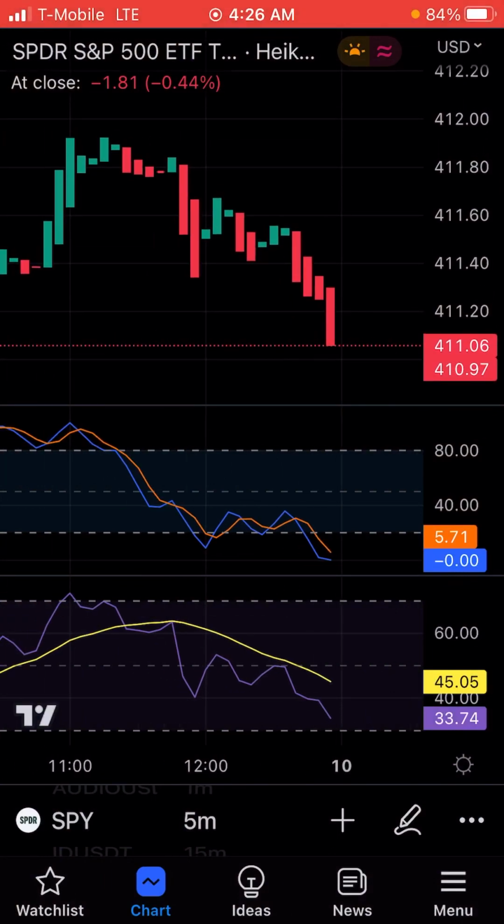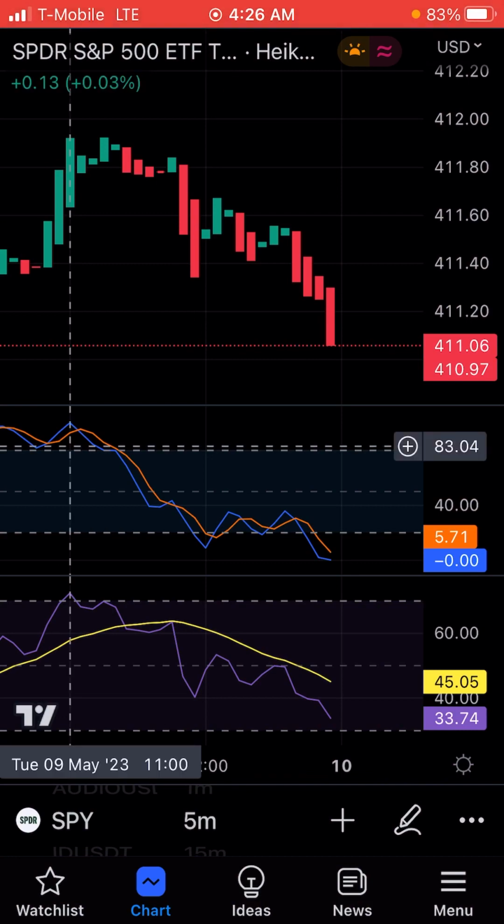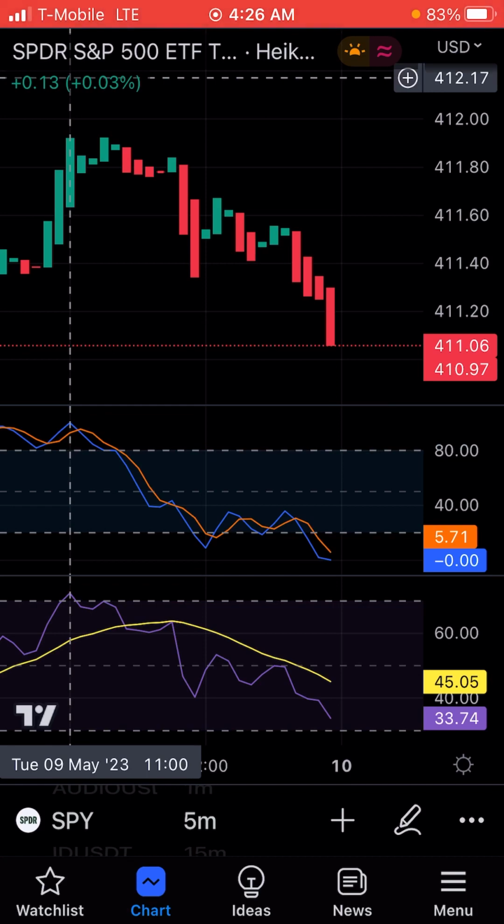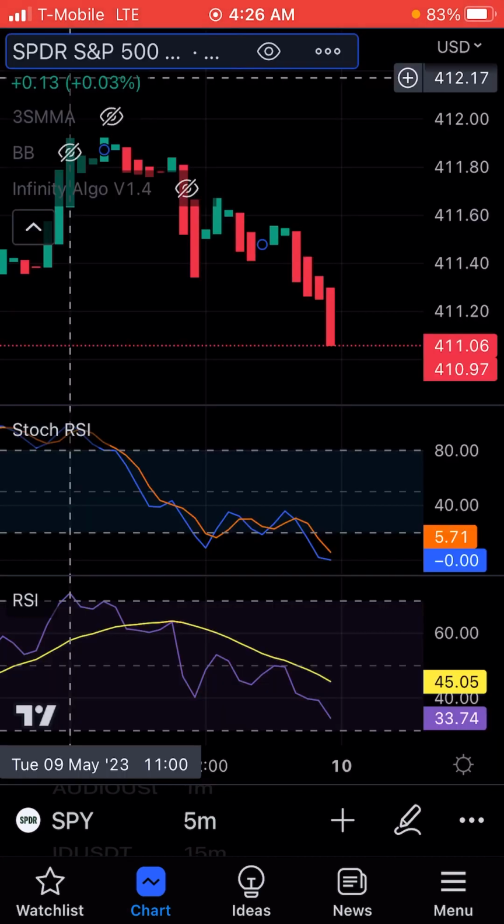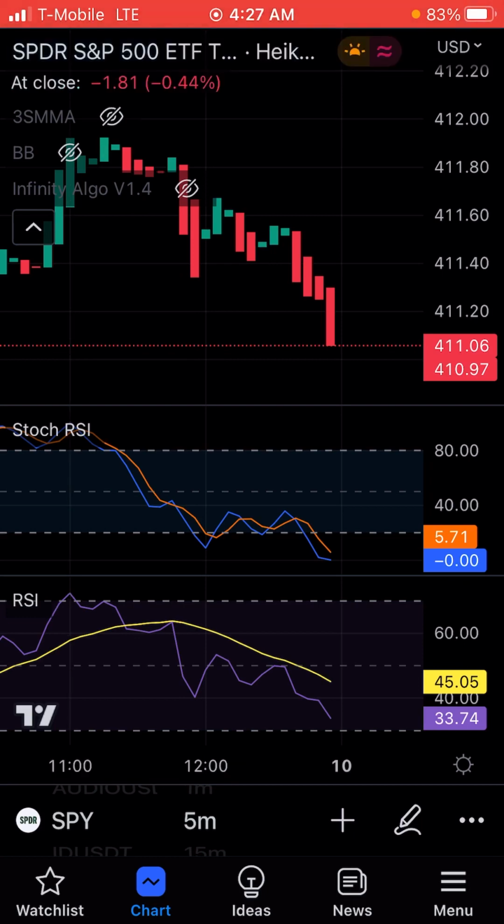For this strategy, it's really simple to understand. Let me get my indicators here just in case you want to find them. It's the Stochastic RSI and the regular RSI, and those are the only ones we're working with.